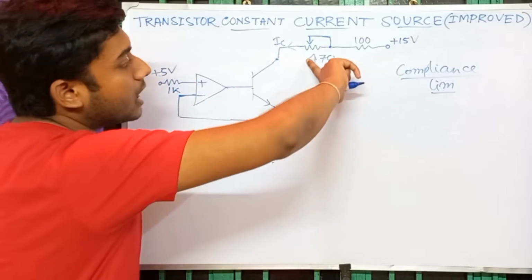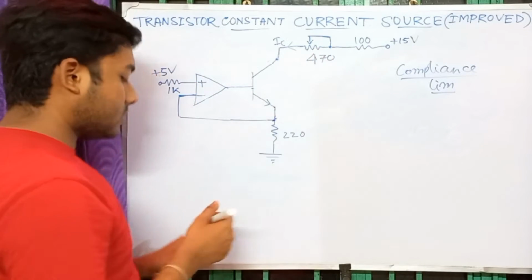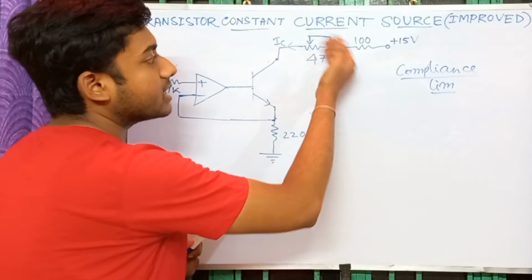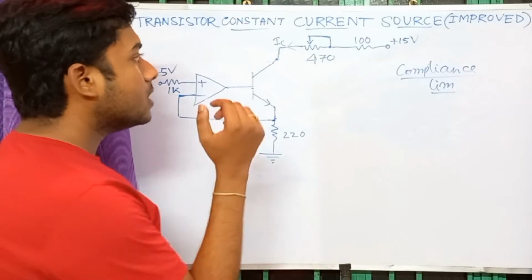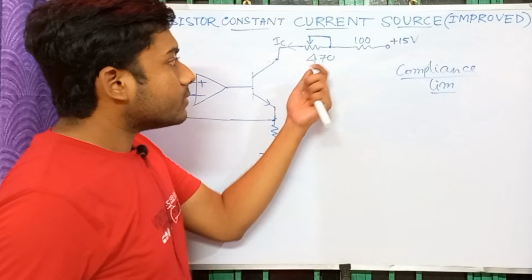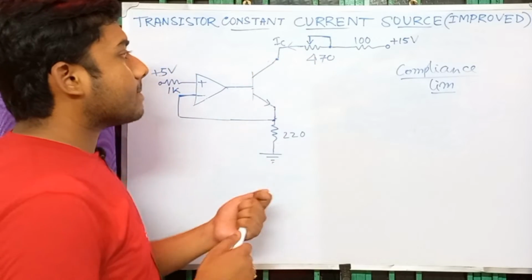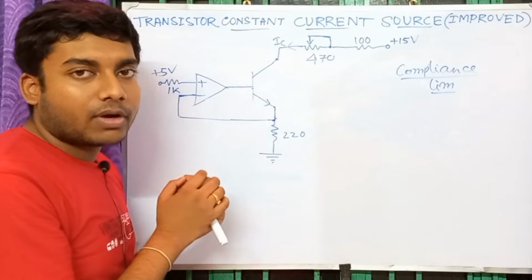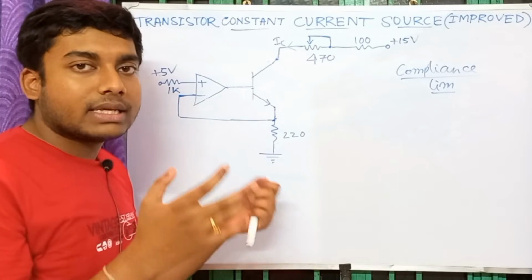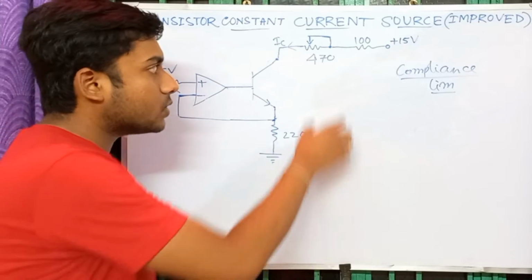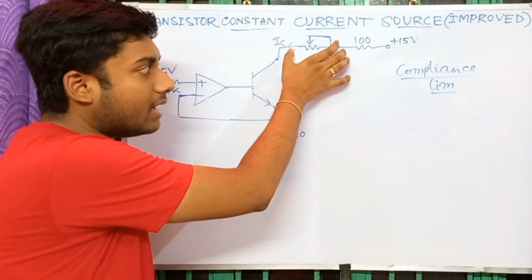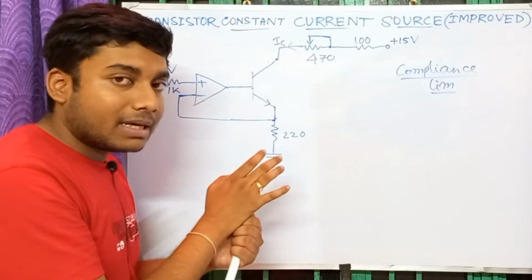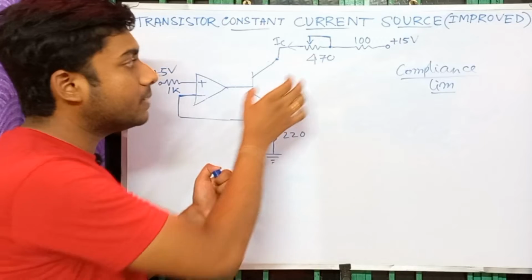Because when you change the value of this resistance, suppose it is increasing, then the current should decrease, because current is what? V equals IR, that means I equals V by R. So here R is increasing, that means the current should decrease, but that will not be the case.